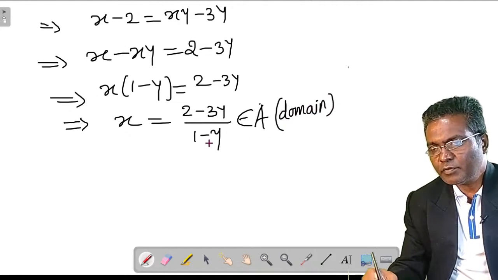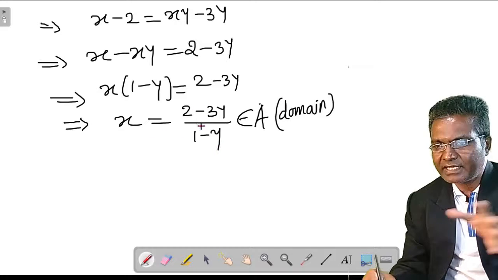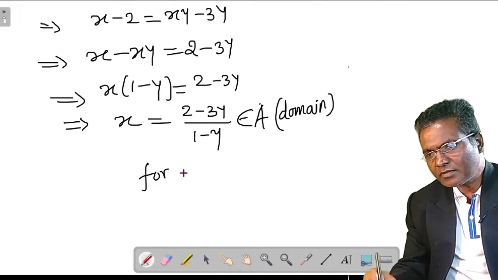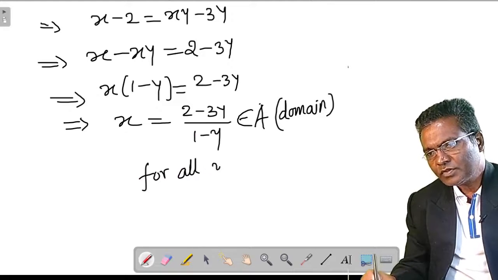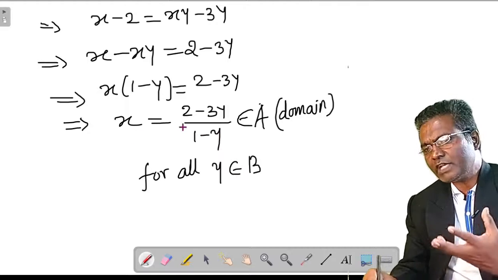If you put any value for y from the codomain, you will get some value in the domain. So this is for all y belongs to B. If you take any value from B and substitute here, you will get some value in the domain.